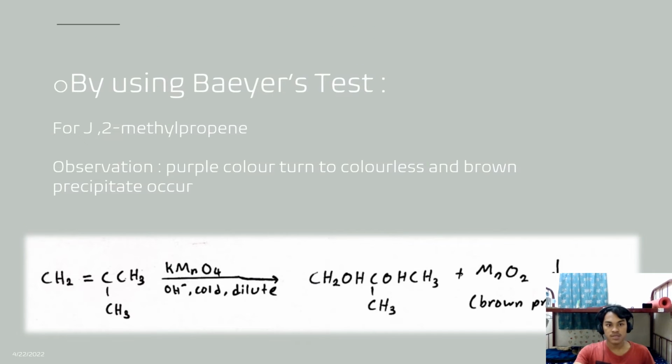By using Baeyer's test for J, 2-methylpropene, the observation is purple color turns to colorless and a brown precipitate occurs. 2-methylpropene will react with potassium permanganate in cold dilute basic solution, and it will form 2-methylpropane-1,2-diol, and the brown precipitate of MnO2 will be observed.